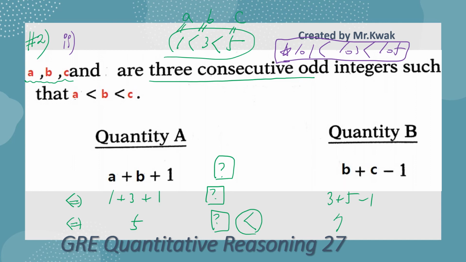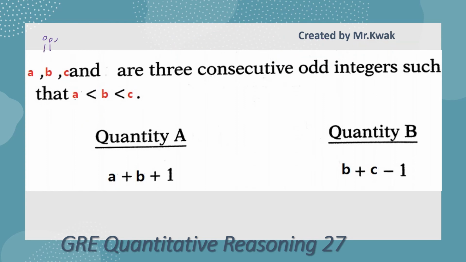So in that case, as it is confusing, let's write down just a solution 3. So quantity A could be 101, B 103, C could be 105.